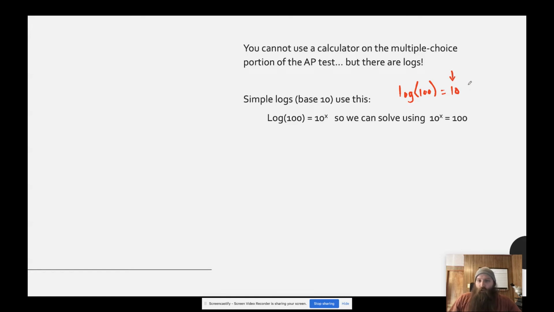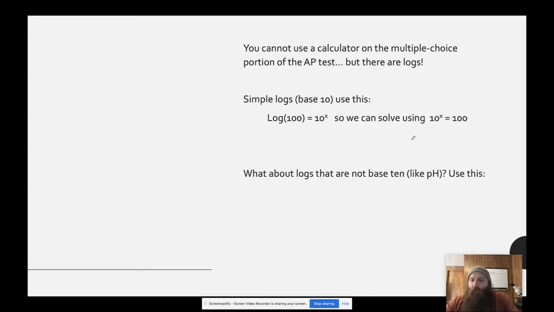What this number is, is the x right here. It's what you raise 10 to get this starting number. So if it's a log base 10, that's simple. 10 to the x gives me whatever's in parentheses, and we can solve it.